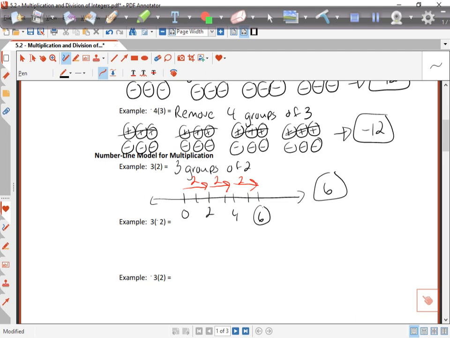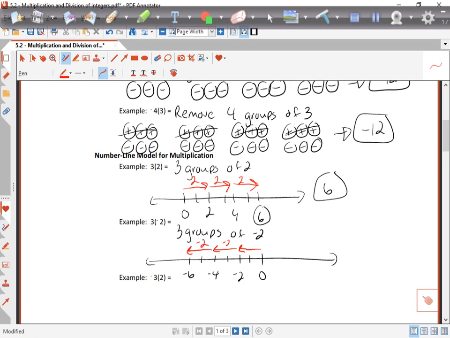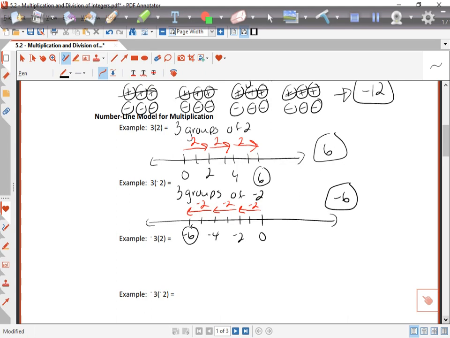Similar steps for 3 times negative 2. That will be 3 groups of negative 2. Make sure to draw all your arrows in and put negative 2's above them. Now here's where it changes a little bit. I've got negative 3 times 2.